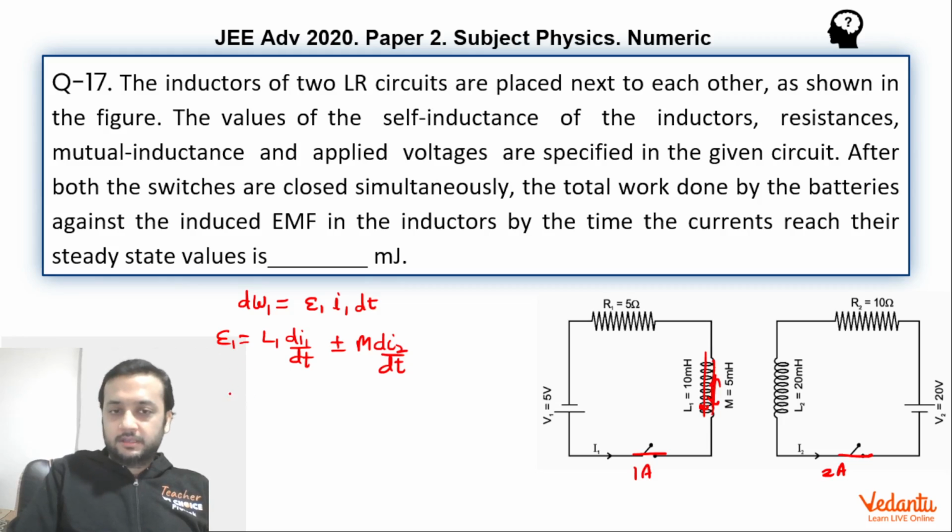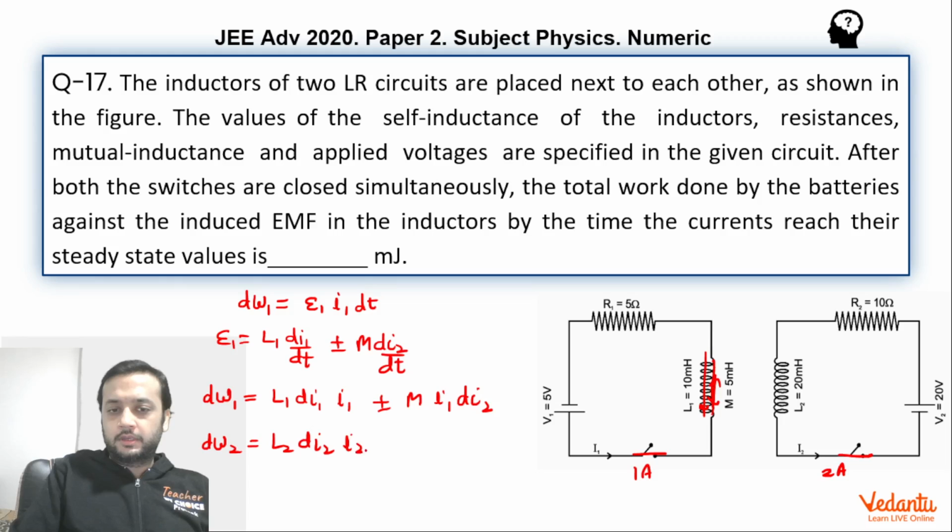So E1 is this. If you put this value in dW1, dt will cancel over here. So this will become L1 I1 di1, plus or minus M into I1 into di2. Symmetrically speaking, we can write dW2 as L2 I2 di2 plus or minus M into I2 into di1, right?